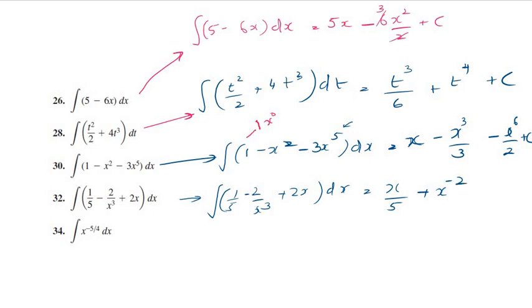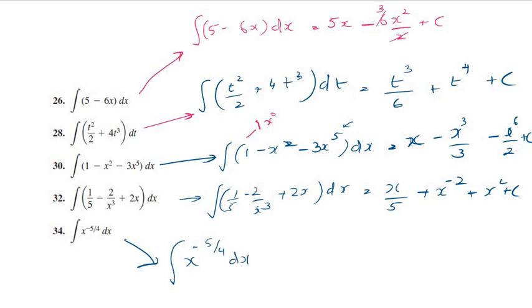When you add 1, it's minus 2, and when you divide it by minus 2, you get these cancelled out. The minus 2 gets cancelled out, so you get x squared plus c. And if you do this, it would be integral x to the power minus 5 over 4 dx.